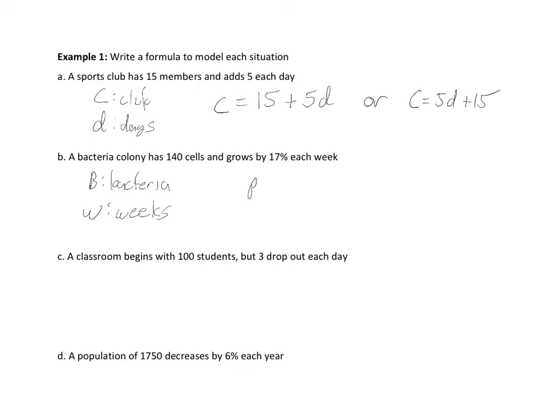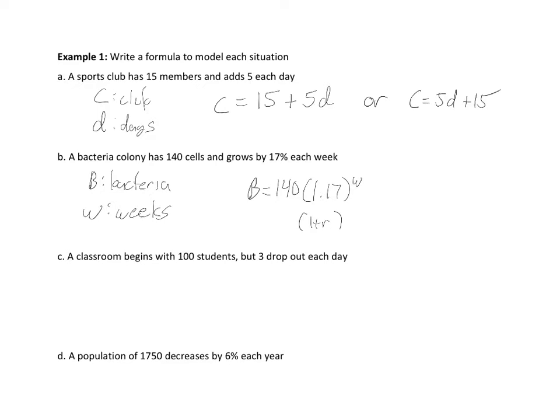Here I'd say the bacteria equals the initial value, which is 140, times, as we previously talked about, what will we model a 17% growth rate with? That would actually be 1.17 raised to the number of weeks. Where'd the 1.17 come from? That's our 1 plus r, if you've forgotten that percentage rate increase idea.